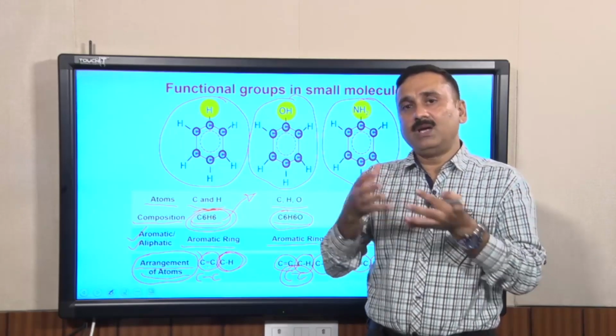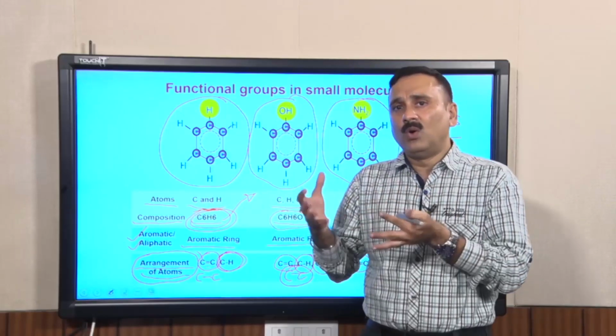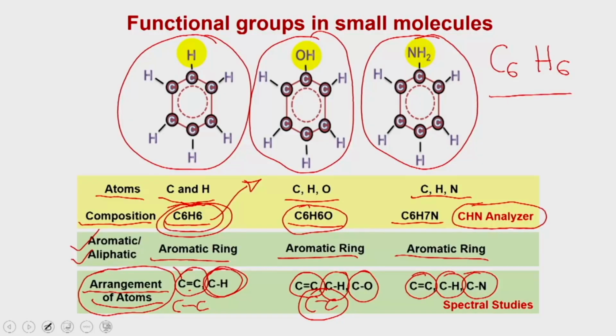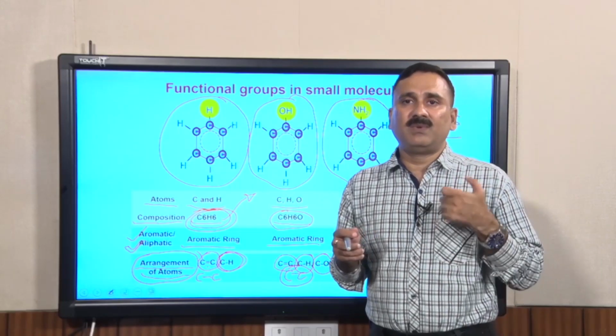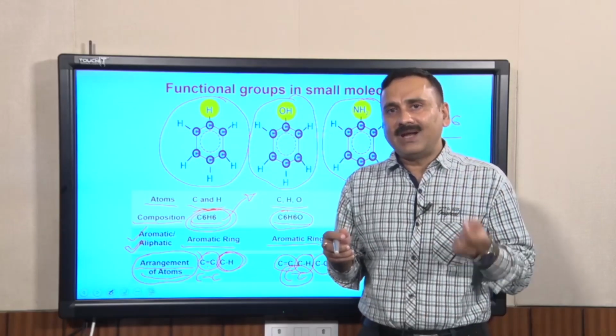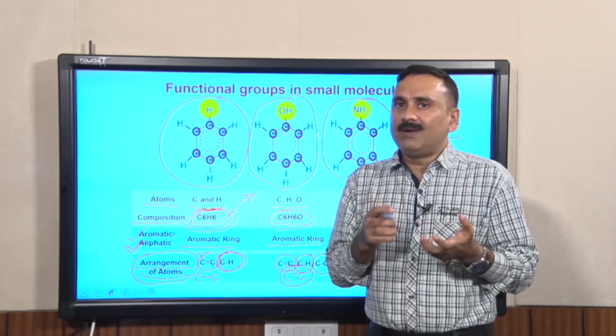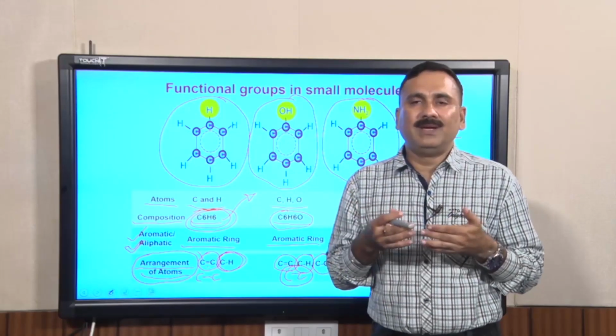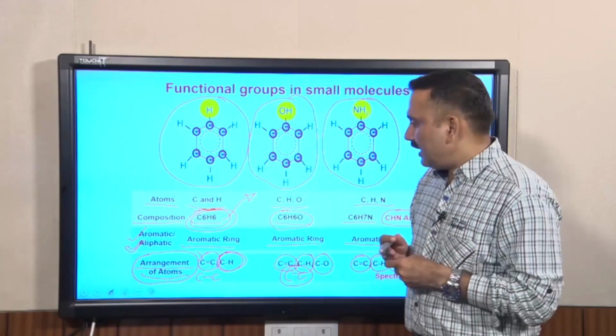For example, if you are trying to isolate benzene, we know that it should be benzene. So, it should not give you any reaction which is specific for aliphatic compounds, because as soon as it gives you the reaction for an aliphatic compound, that will give you a doubt whether it is benzene or hexane actually.